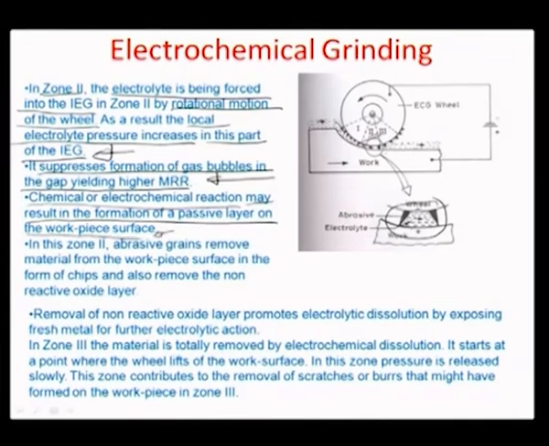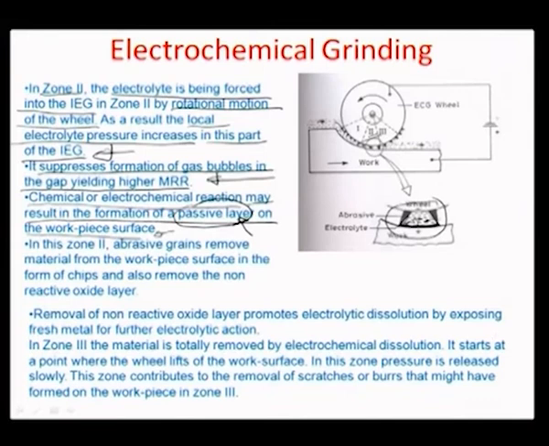So here in this particular surface there may be a passive layer which is a deposit, because the gap is already very small, and then there are diffusion limitations, and the debris which has been generated here goes into the cell and comes back once the wheel rotates and the next cell comes in place. So there is always a formation of a passive layer because of debris redeposition in this particular zone 2.